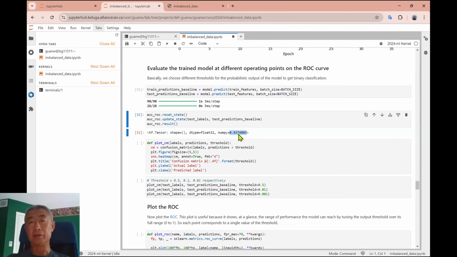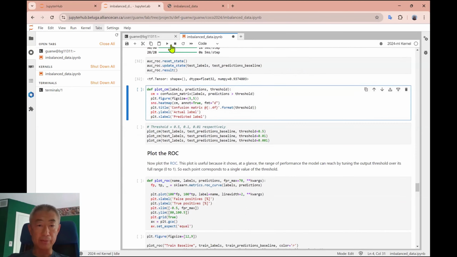So there's a lot of unstable calculations there. The statistics is not very stable, so that's understandable.